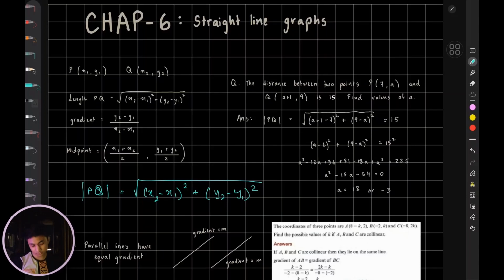right? Now, you can ask me, can I write x1 minus x2 whole square and y1 minus y2 whole square? Yes, you can write this as well. What matters is the difference between both the x coordinates and the difference between both the y coordinates.